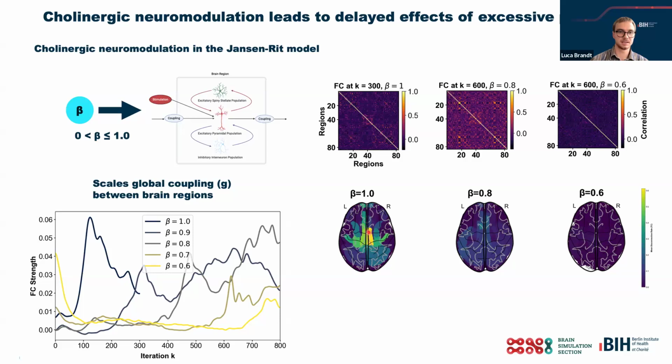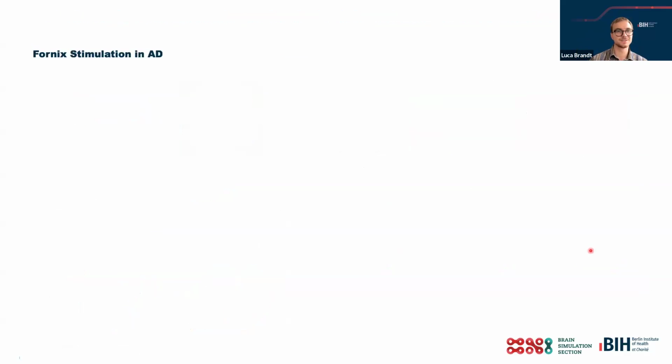And here again, marked in brighter colors, you see the posterior cingulate regions and the hippocampal regions. The disconnection reduces by increasing the cholinergic neuromodulation.